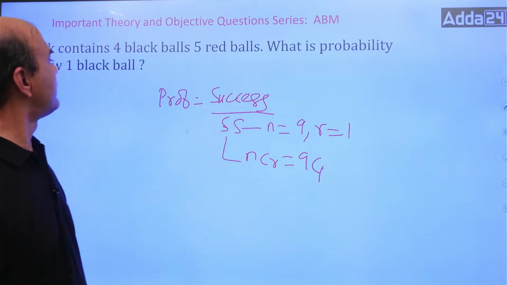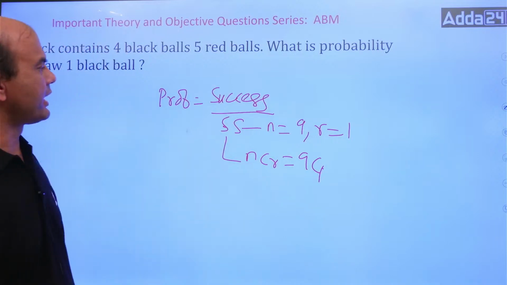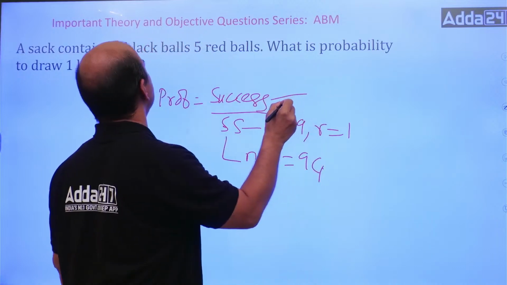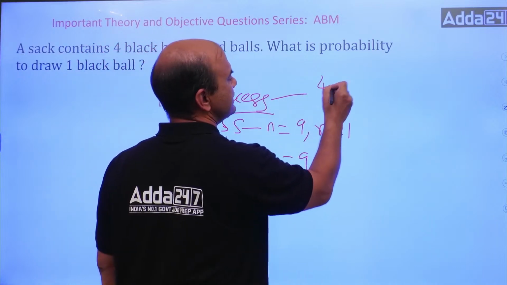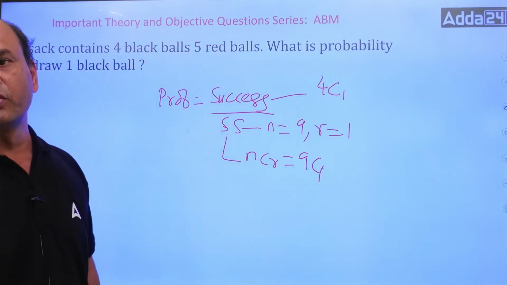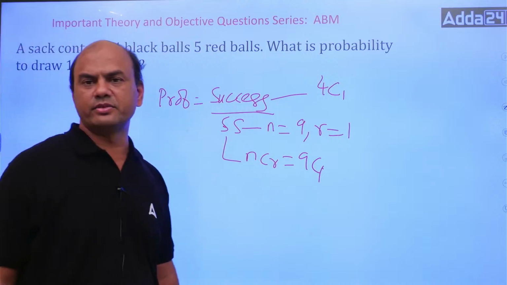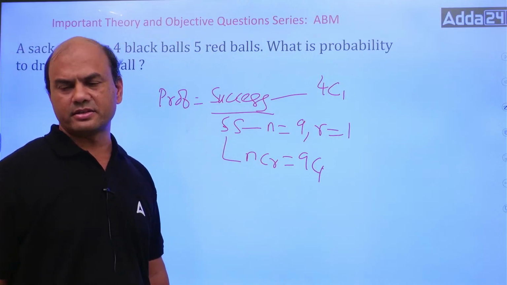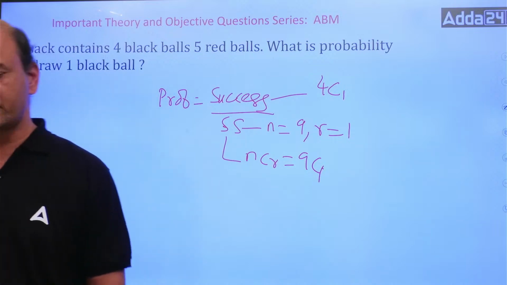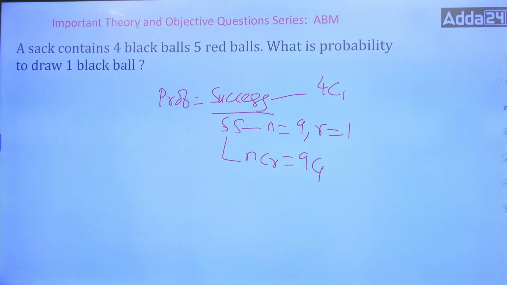You want to select what? 1 black ball. How many black are there? This 4. So 4C1. Solve this everyone. 4C1 divided by 9C1. Get the answer. Simple one. Try it.